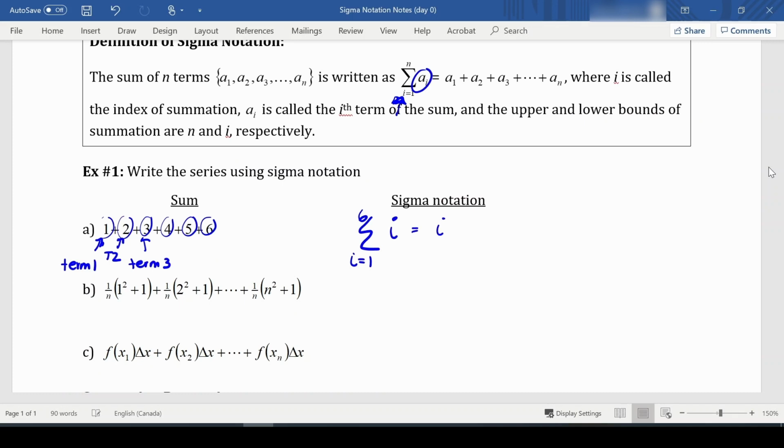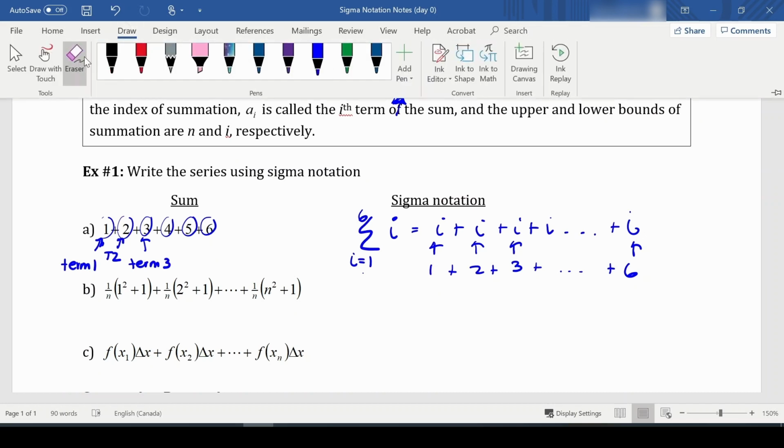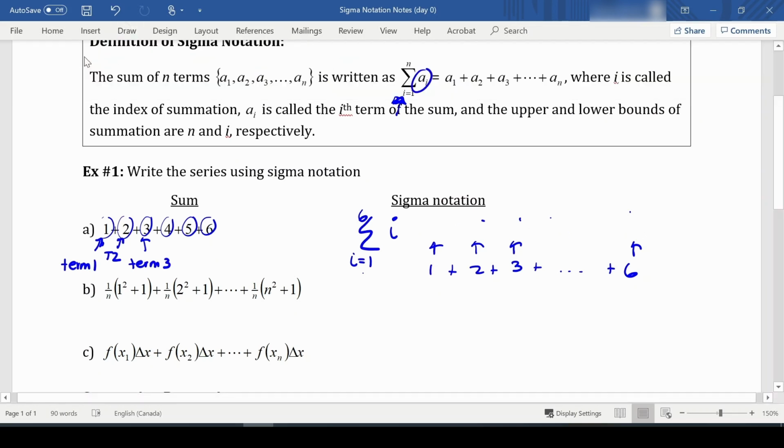So what this would mean is I plus I plus I plus I, 6 times. The first I is 1, the second I is 2, the third I is 3, all the way up to I being 6. So we're doing 1 plus 2 plus 3 all the way up to 6. So our sigma notation is just this.